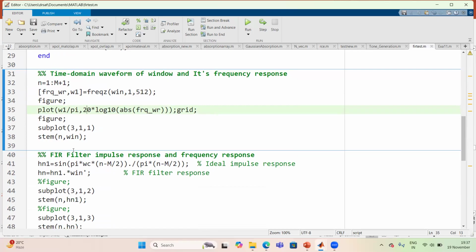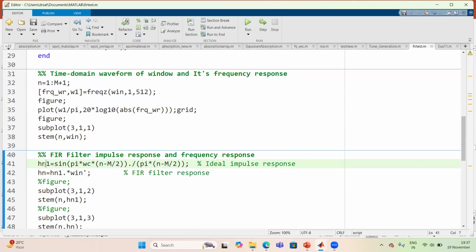Here again, I have generated the impulse response of your ideal linear phase filter, right? So this equation I have written: sin of omega c into n minus M by 2, divided by pi into n minus M by 2.